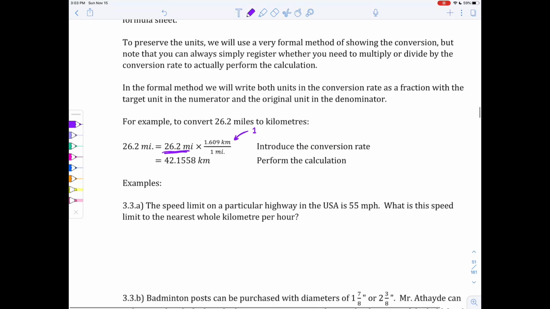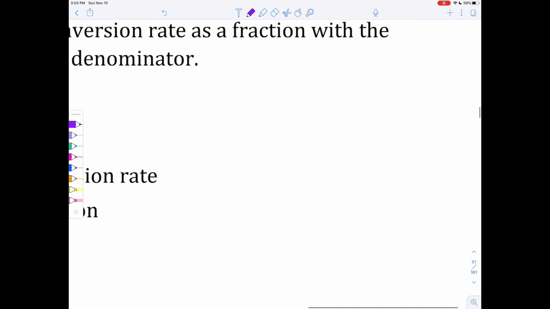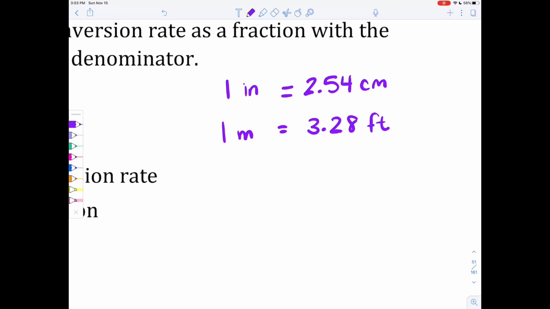Now, with the different conversion rates between imperial and metric, you are actually provided those on your formula sheet. So I'll write them down here, just so that we have them for this current unit. But forevermore, you will always be allowed to use that formula sheet. So we have 1 inch is equal to 2.54 centimeters. 1 meter is equal to 3.28 feet. 1 yard is equal to 0.9144 meters.